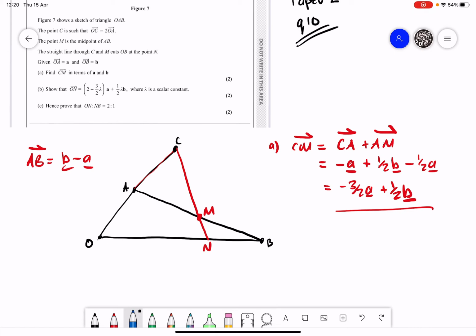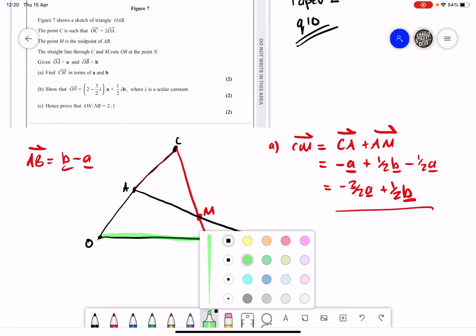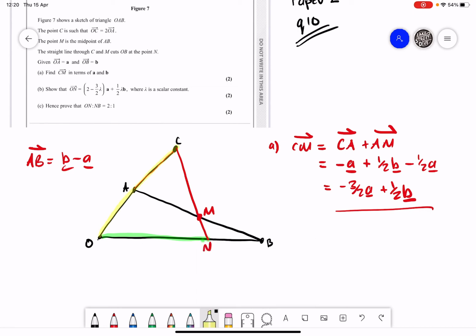Part B asks you to find the ON. ON is this. Go from O to N. Quick way of doing that would be to go from O to C. So we're going to go OC and then CN. So using blue for this question, ON is equal to OC plus CN.